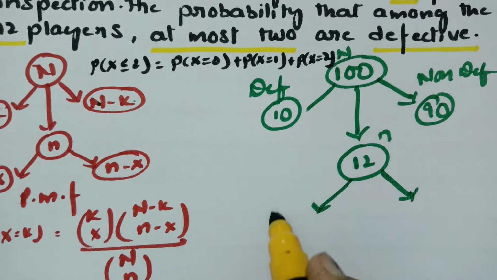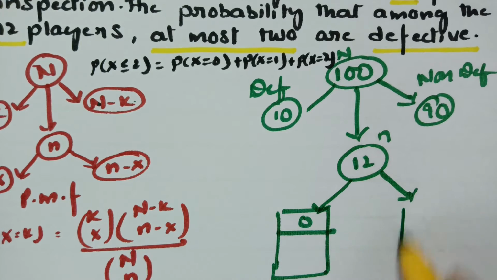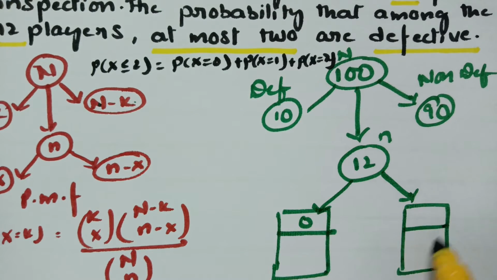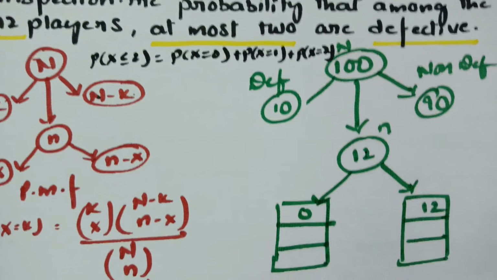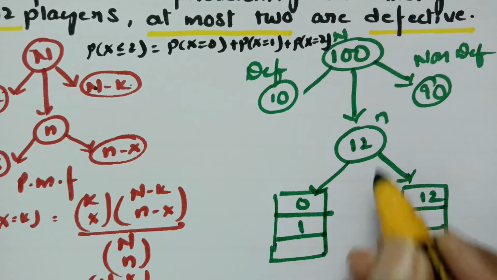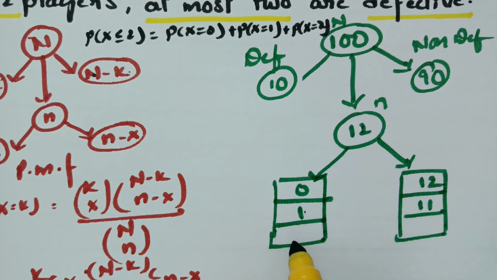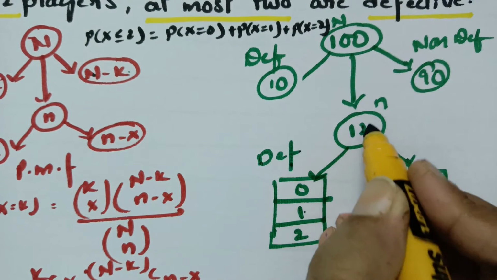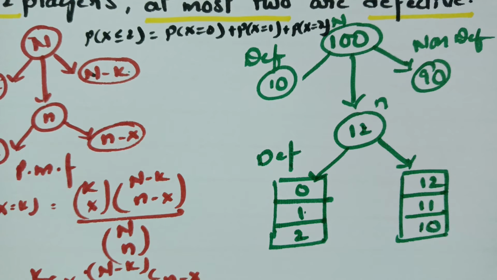If there are 0 defective items, then non-defective is 12 minus 0, which is 12. If there is 1 defective item, 12 minus 1 is 11. If there are 2 defective items, 12 minus 2 is 10.